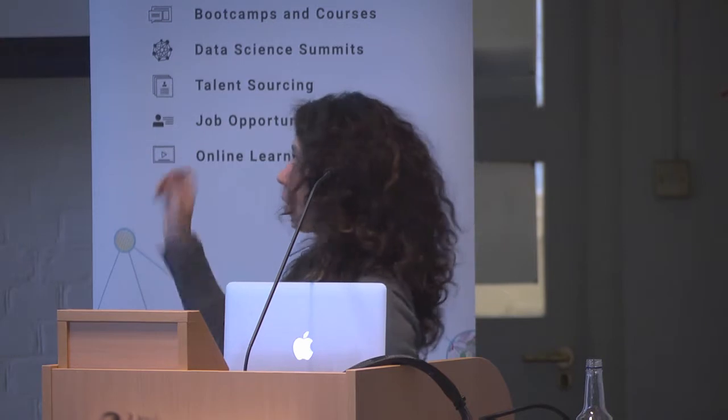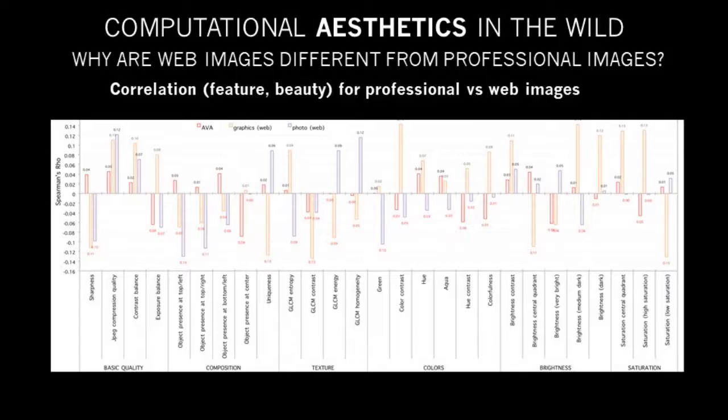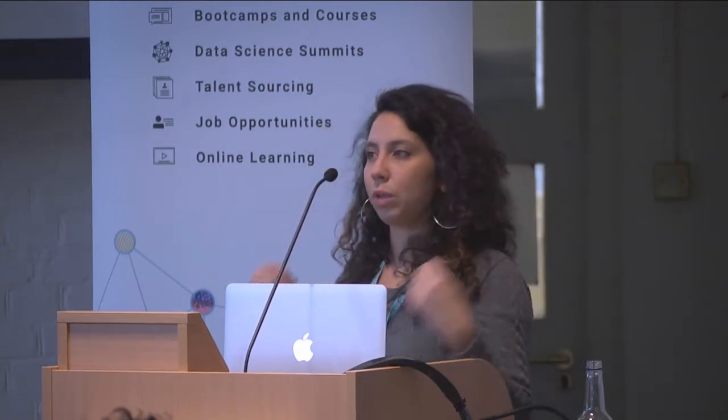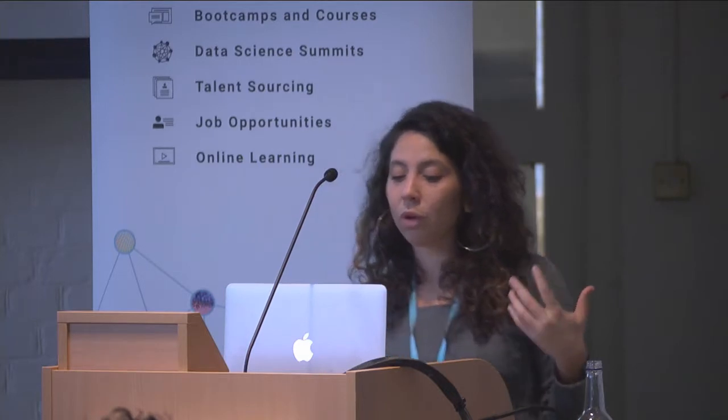And then to answer the first question, to understand the differences between web and professional images, we actually extracted from these two groups of images a bunch of these computational aesthetic features, so sharpness, colors, etc. And then we correlate each feature with the beauty of the image. And by doing so, we can understand what are the features that make web images beautiful and what are the features that make professional images beautiful.